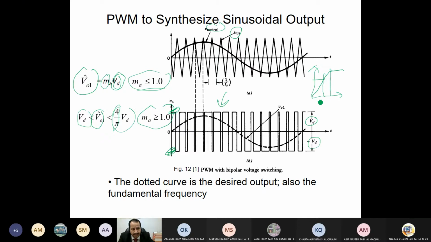Up to here MA equals 1, and here it is greater than 1. So this is the linear region. Now here it takes a parabola curve, and then it continues to the square wave. This was discussed in the previous session.